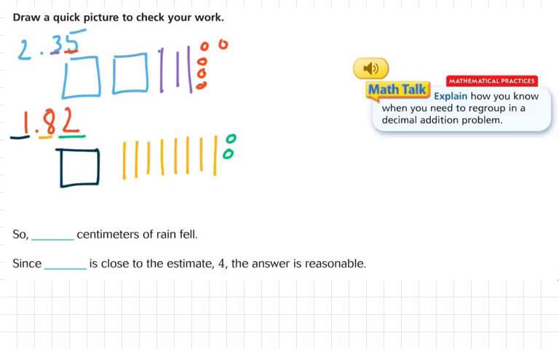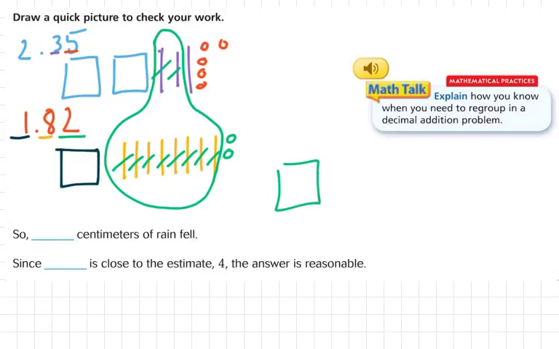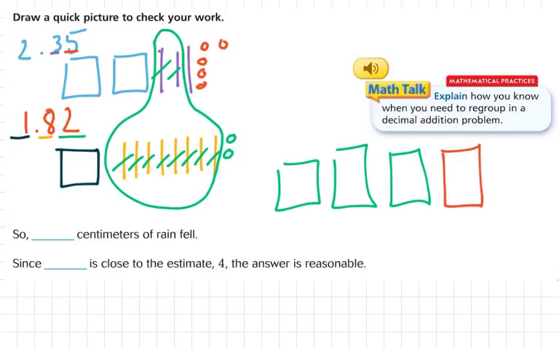So now, when we look at this, we see here, we did some regrouping. We took 1, 2, 3, 4, 5, 6, 7, 8, 9, 10 tenths, and when we traded those 10 tenths, we got our original 3 ones plus an additional 4th one. Now we see that if we counted up our leftover hundredths, we're good to go.